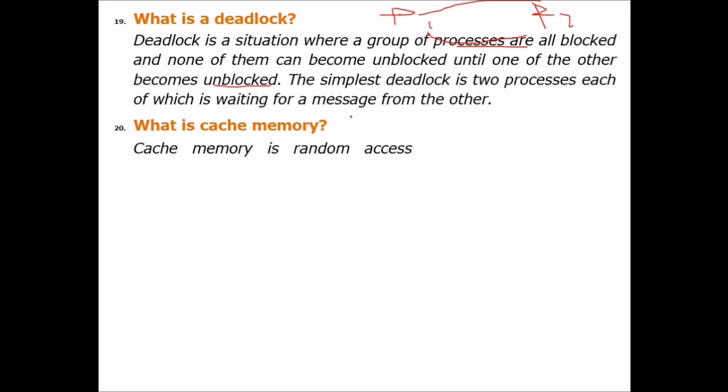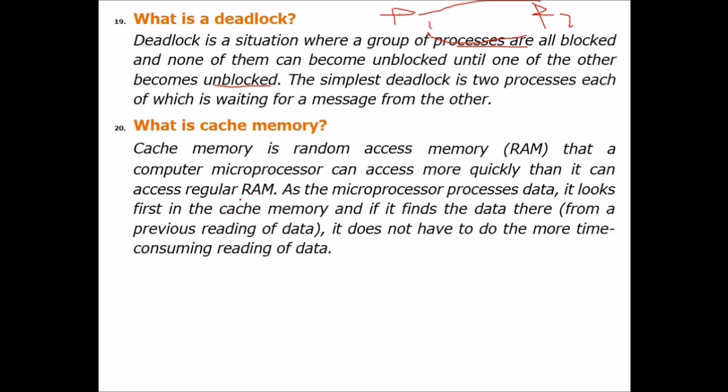What is cache memory? Cache memory is a kind of random access memory, a volatile memory, that a computer microprocessor can access more quickly than it can access regular RAM. Right now we have level 1, level 2, level 3, level 4 caches, which you can find onboard.